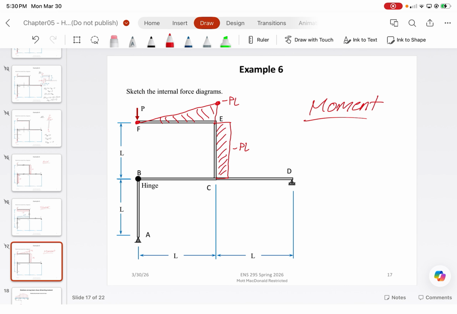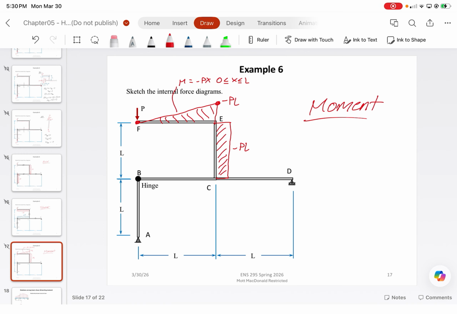So it started out here and then decreased to 0. Which this would be negative PL, and then this bending moment is equal to negative P times X, P times (X minus L), for 0 less than or equal to X less than or equal to L.